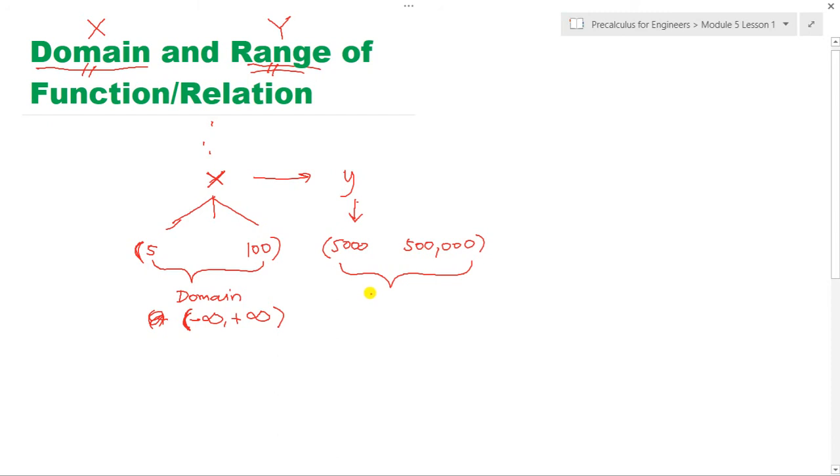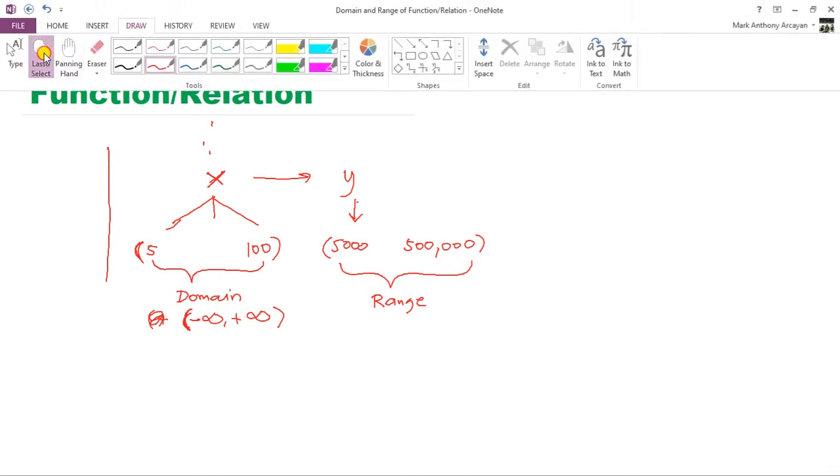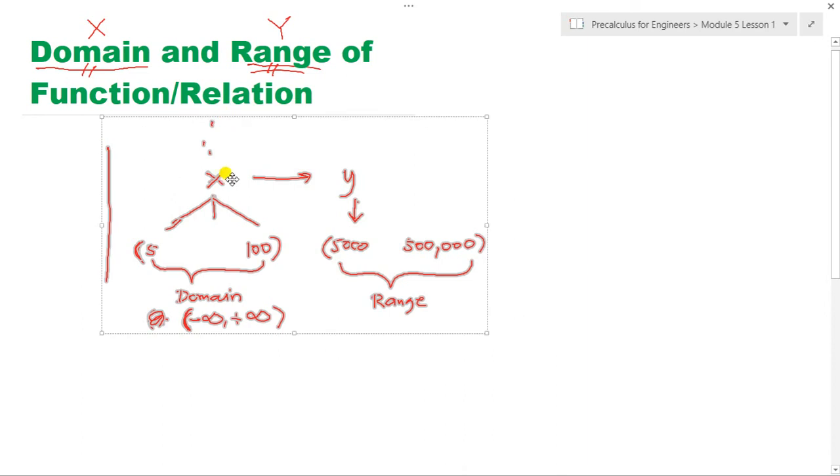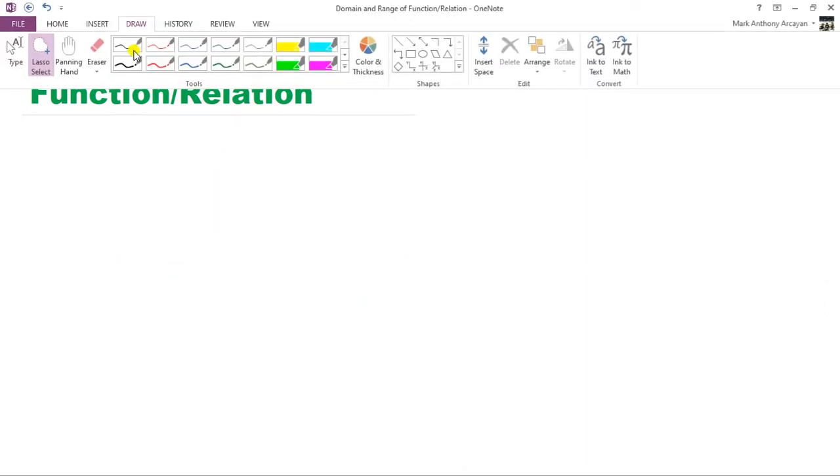This is your range. So below 5,000, it is not possible, because it is already below our range. So that is the concept of why we need to solve for the domain and the range of our function or relation. Okay, so let's jump now on how to solve the domain and the range.